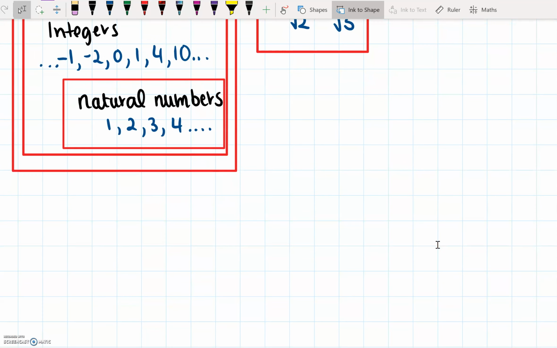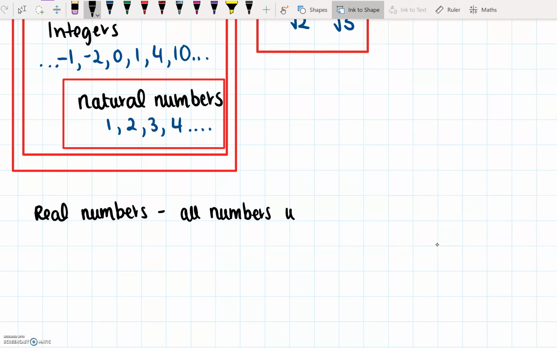So real numbers: all numbers we have seen until now.